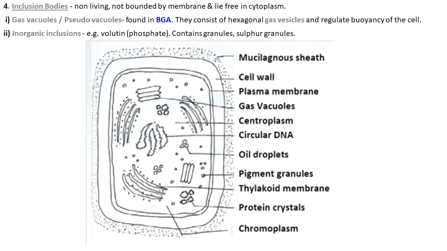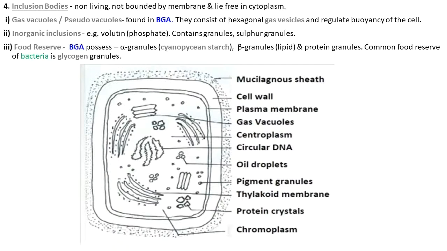Next is the food reserve material. Here again the point of difference comes between the bacteria and the blue-green algae, under the topic of eubacteria. So blue-green algae are like higher plants.